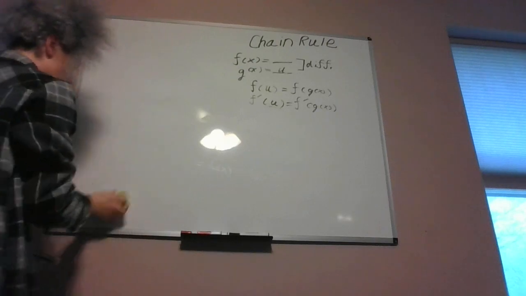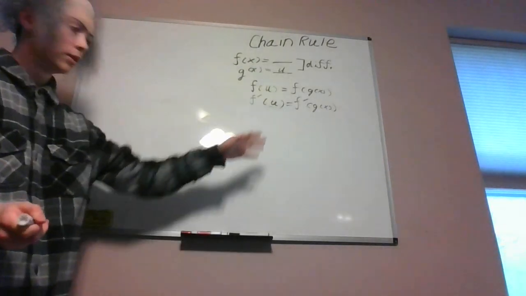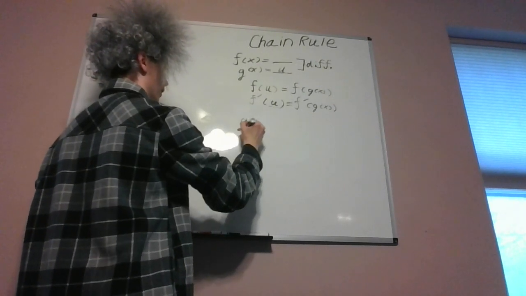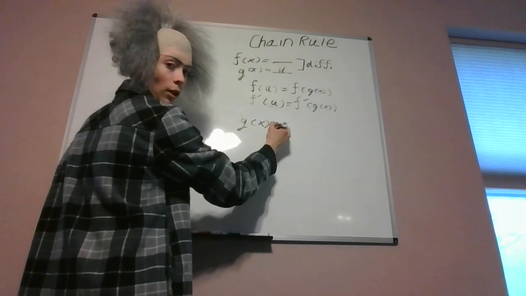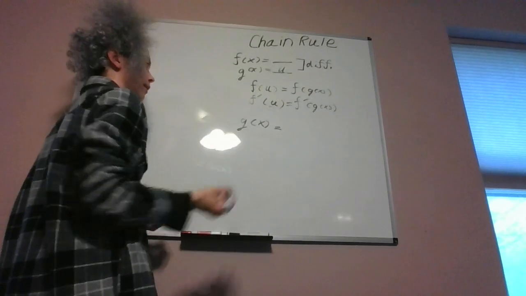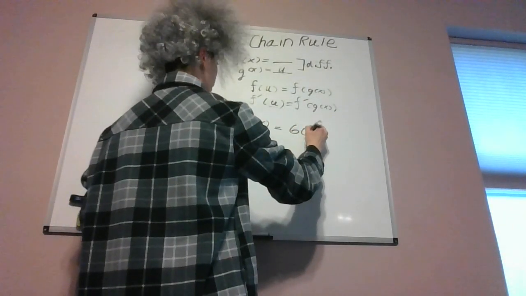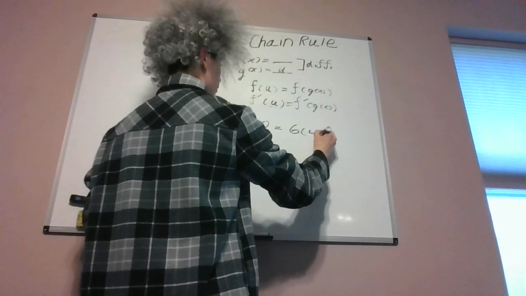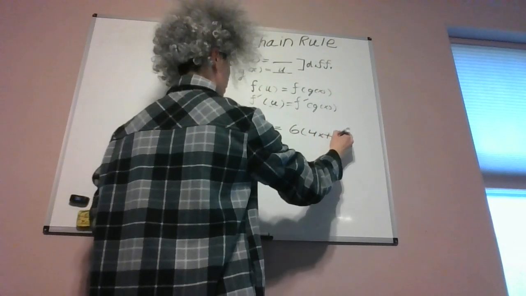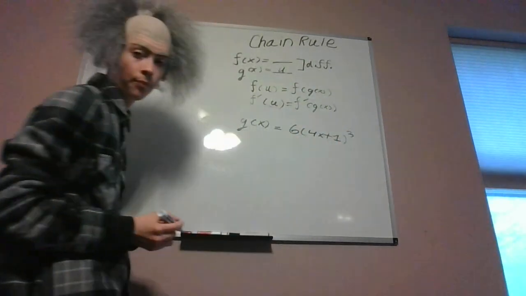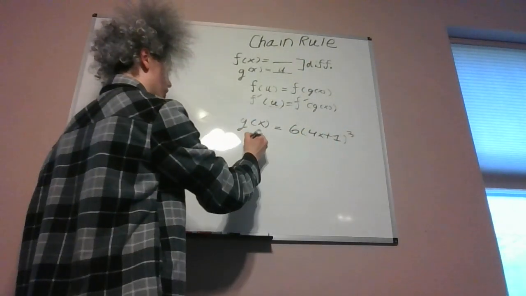Okay. I'm going to first start out with an example on this side of the board: g of x equal to 6 times (4x plus 1) cubed. Start off with simple examples. Now we're going to do g prime of x.